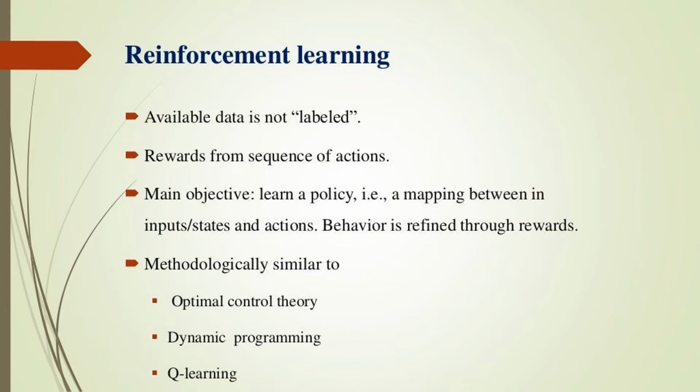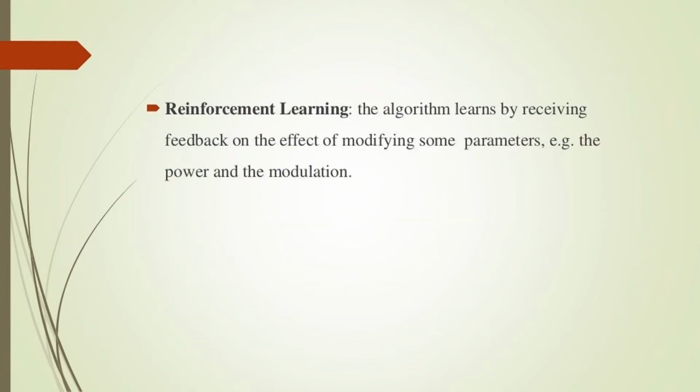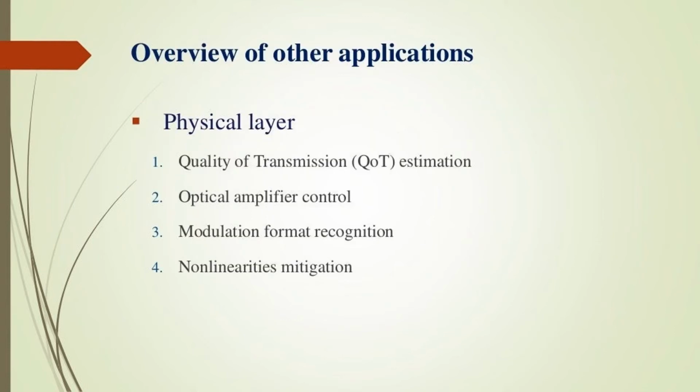Methodologically similar to optimal control theory, dynamic programming, Q learning. In reinforcement learning, the algorithm learns by receiving feedback on the effect of modifying some parameters, for example the power and the modulation. Overview of other applications.